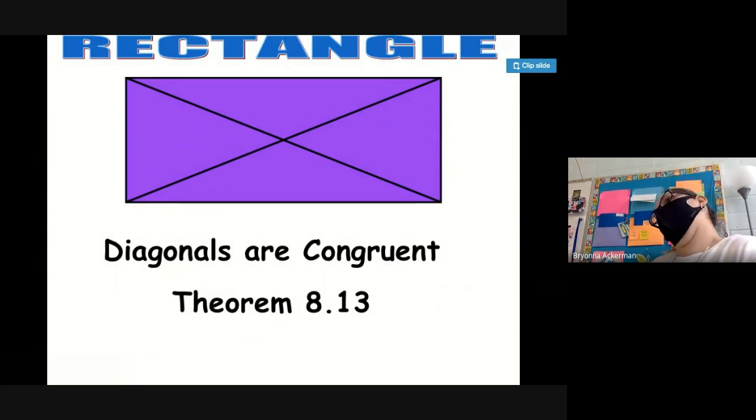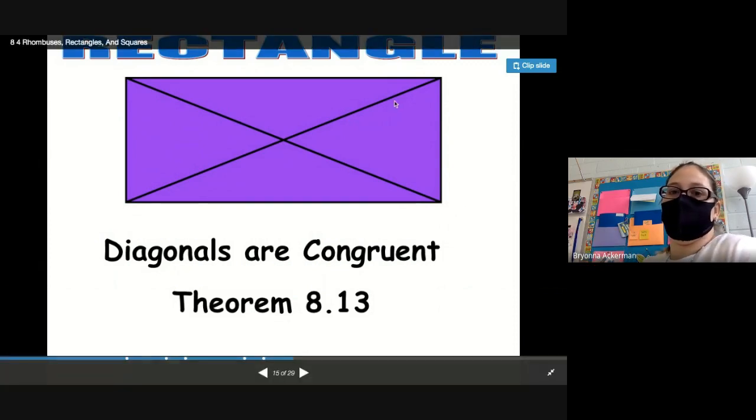They still cut each other in half because they're still following parallelograms. So not only are they equal to each other, their halves are all going to be equal, right? Because I said this was 20. If it's cutting it in half, this is 10, this is 10, this is 10, this is 10. So now all those are equal, okay?